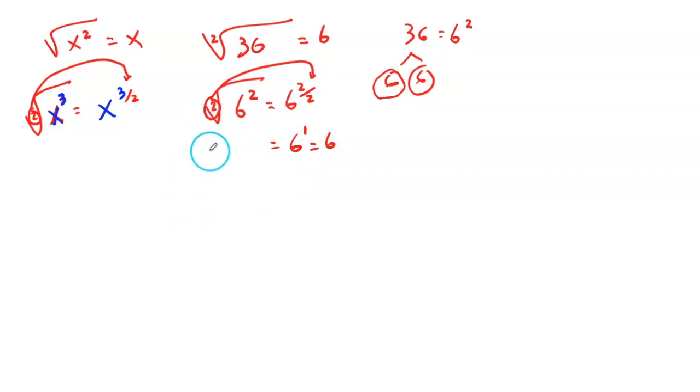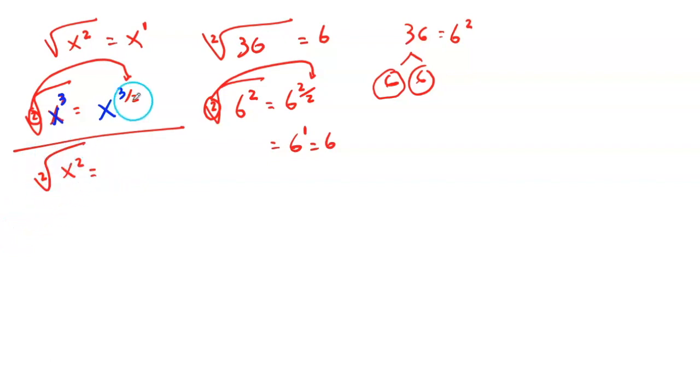Alright? All this to go back to my original problem. What is this? I said the answer is x. If this x doesn't have an exponent, it has a 1, right? We don't put it, but it has a 1. Why does it have a 1? My index is 2.